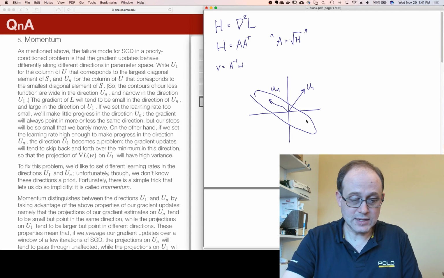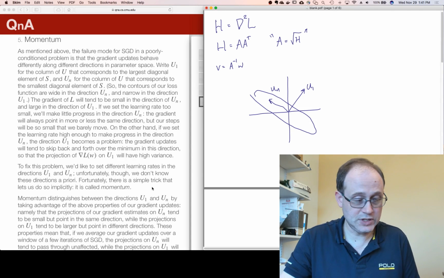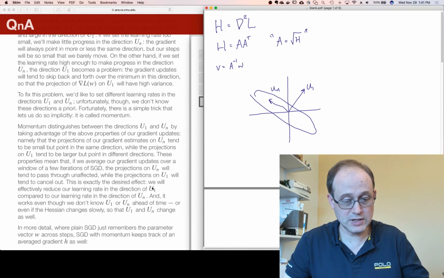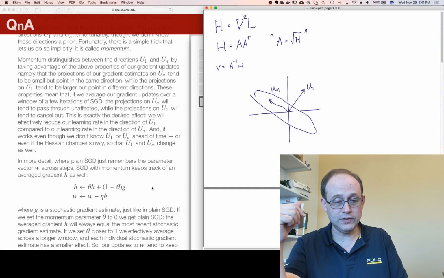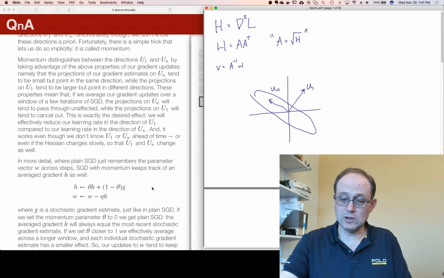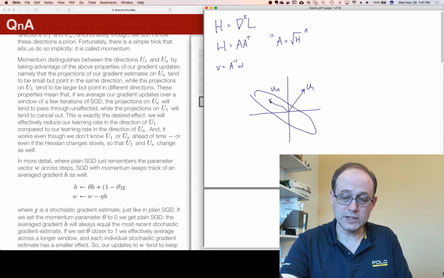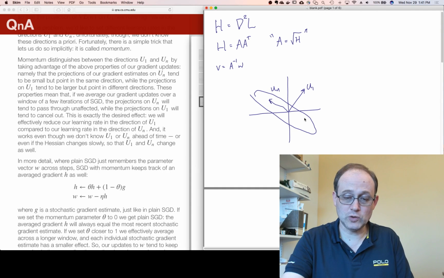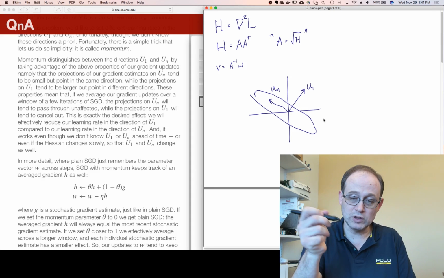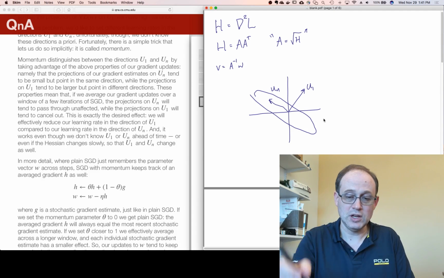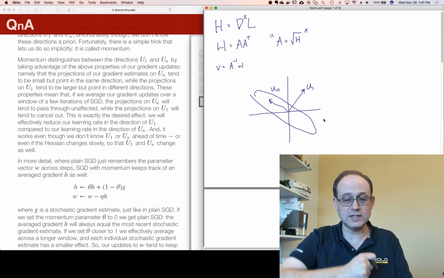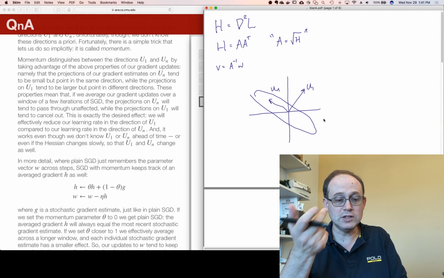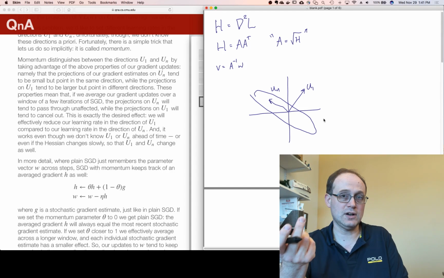The way it does that is it distinguishes between these two directions using properties of the gradient updates themselves. What I said before is that along the UN direction, we're going to have a small gradient, but since we're not moving, it's going to keep pointing always more or less in the same direction. It's just going to be small. Whereas with U1, since we step back and forth, our gradients are flipping directions, but they're bigger. So what we're going to do is a sort of low-pass filter on our gradient.